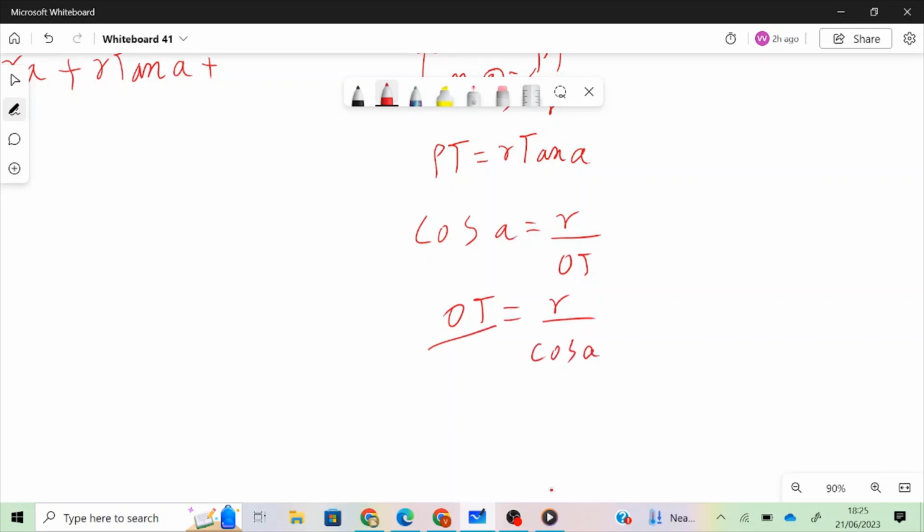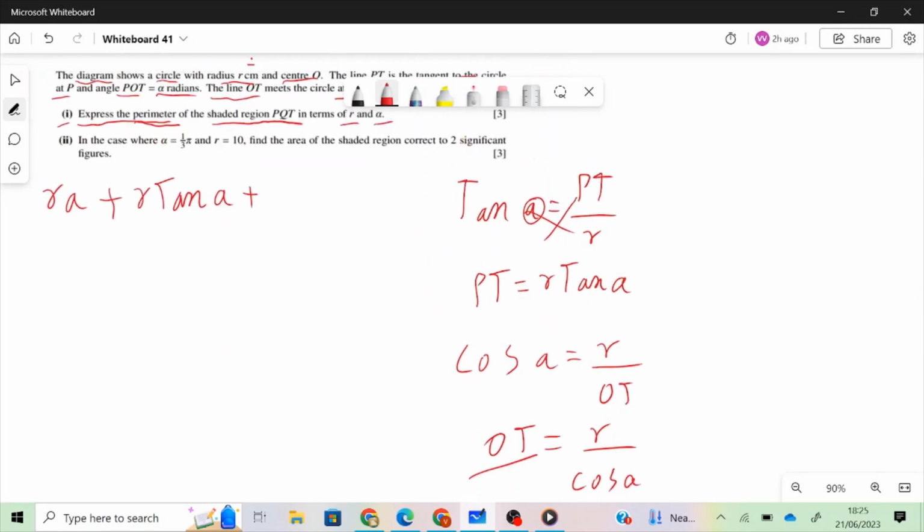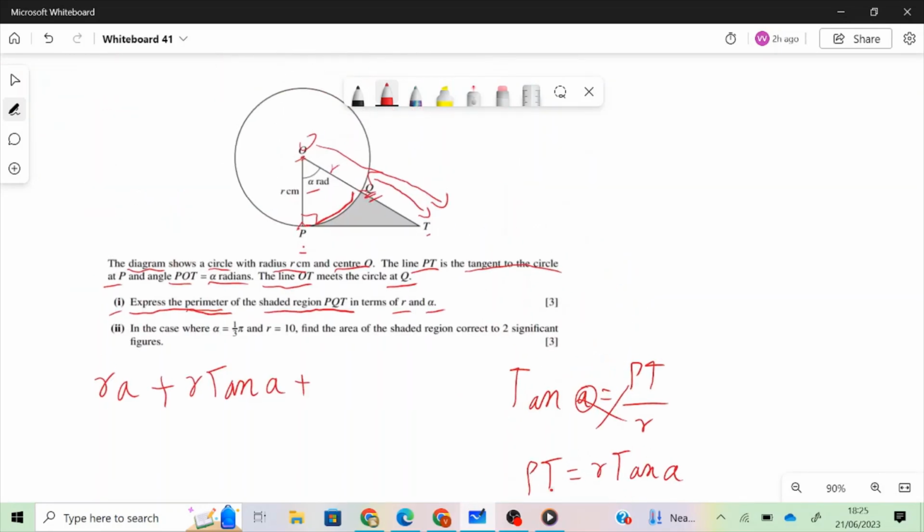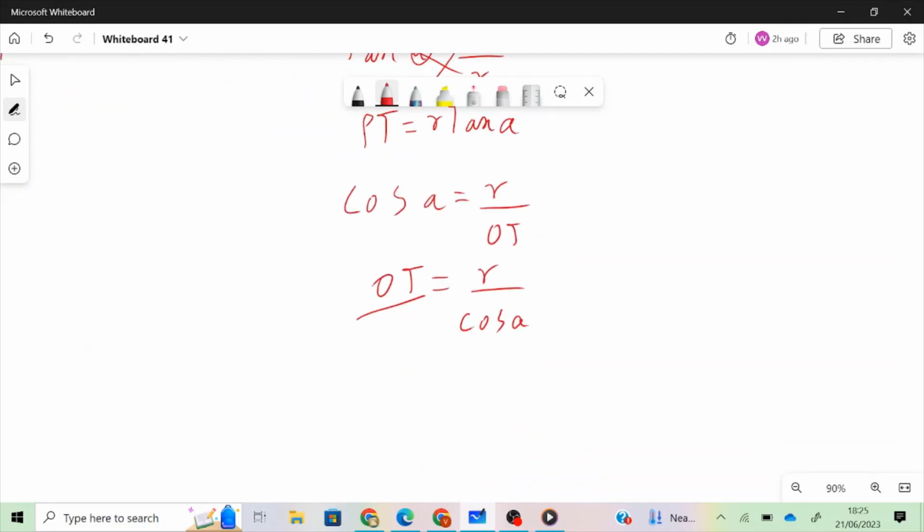But this is the whole, and we don't want the whole, we just want Q to T. In order to get Q to T, you simply subtract R from R over cos alpha. So our QT is equal to R over cos alpha minus R.